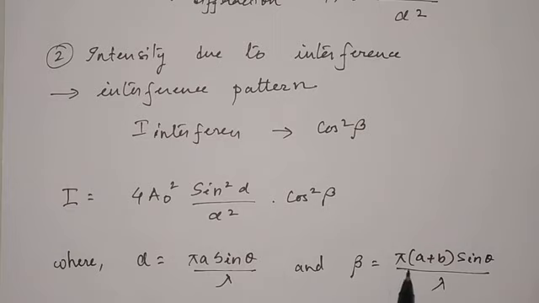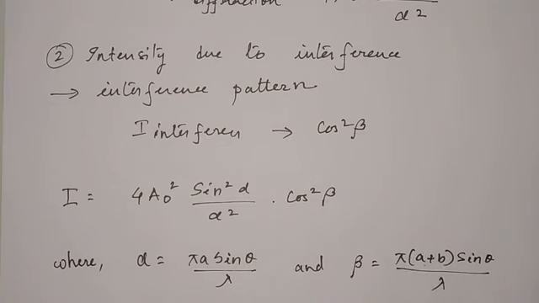So that's why it will be pi into (a plus b) sine theta by lambda. Here a plus b is the separation between two corresponding points.